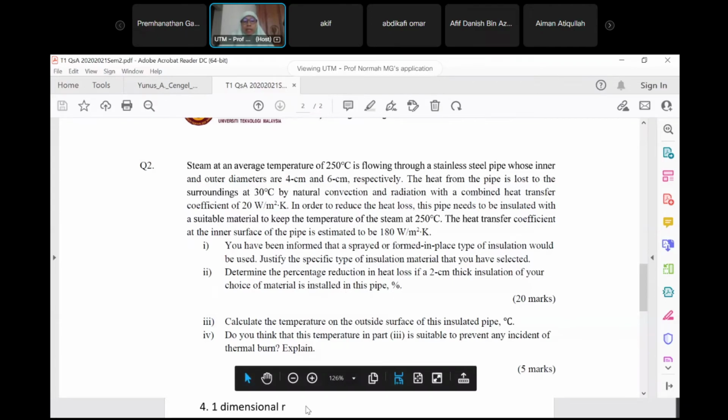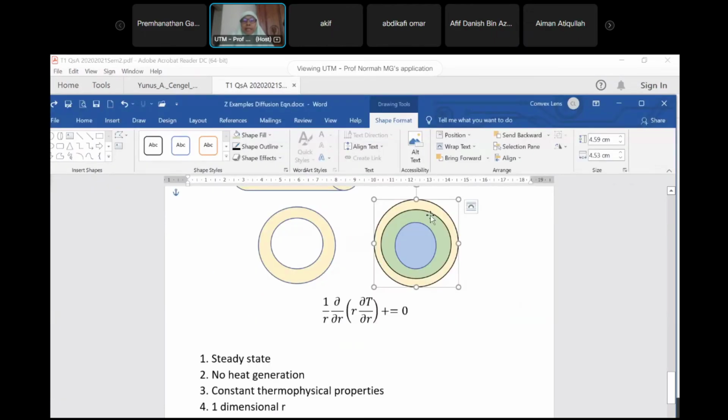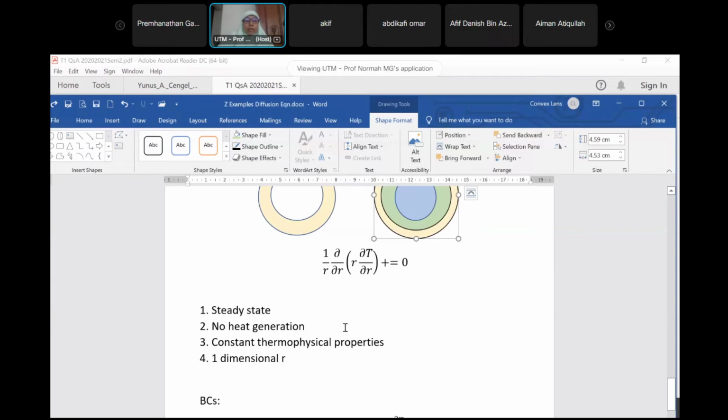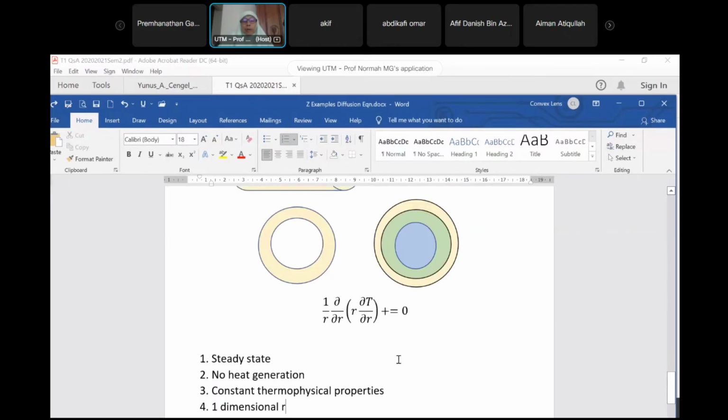It's quite lengthy. You already have a stainless steel pipe of 2 centimeter. Now you add another 2 centimeter of insulation. You have to determine the heat loss, with your assumptions: steady state, no heat generation, constant thermophysical properties, one dimensional in r.